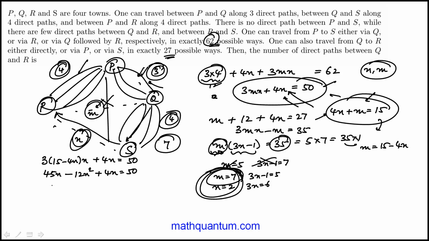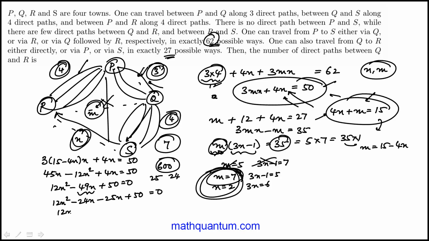I'm going to move all the terms to the other side. This is a little bit harder to factor, but here the product of 12 and 50 is 600, and this is going to split into 25 and 24. You'll see that that is indeed 1. So we'll split this, or you can use the quadratic formula. You have the calculator to do that calculation.